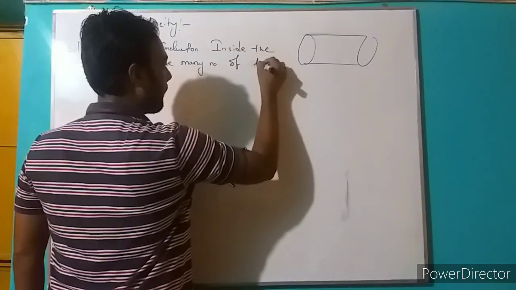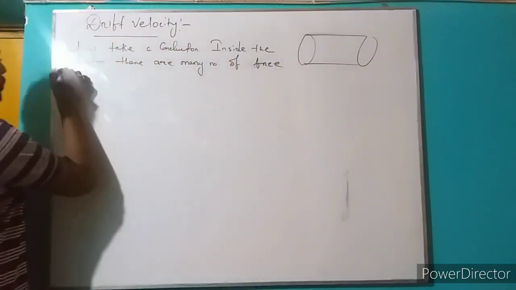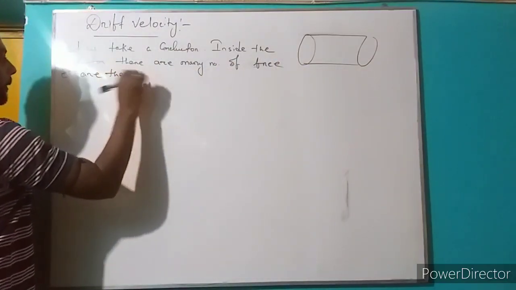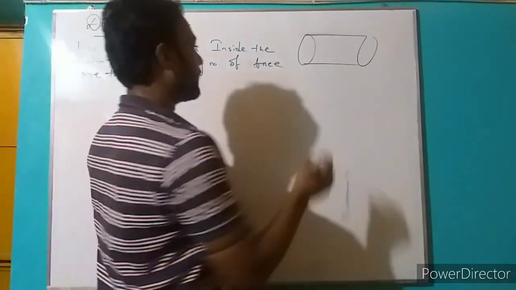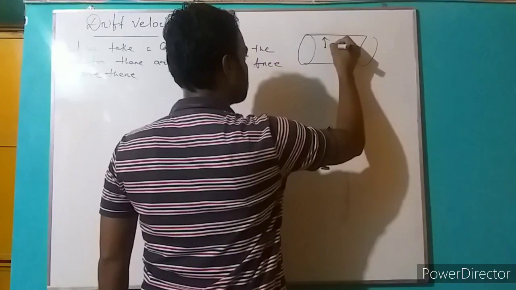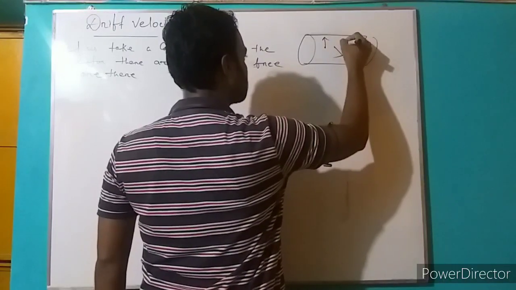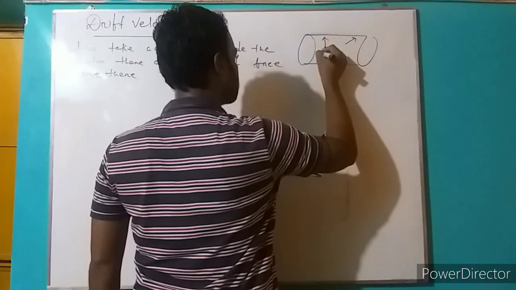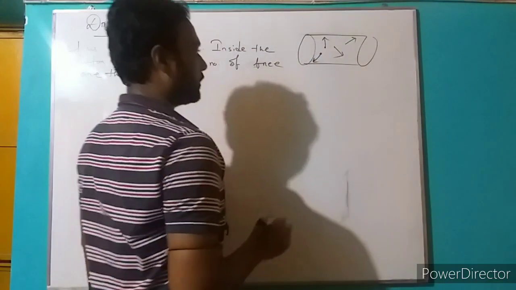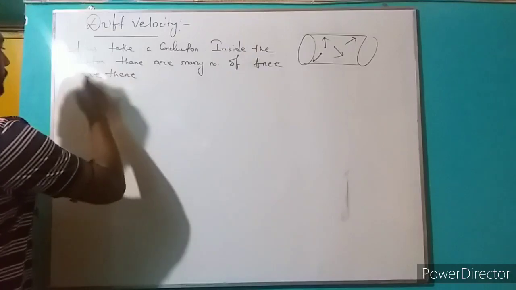They move randomly. This is a free electron that moves in that direction, and that is a free electron that moves in that direction, and so on.